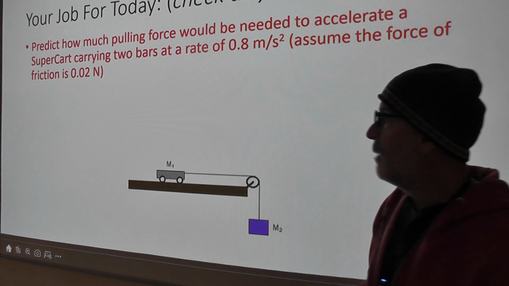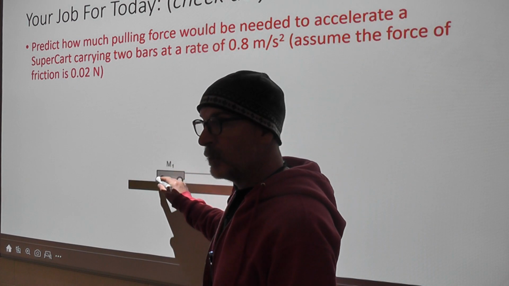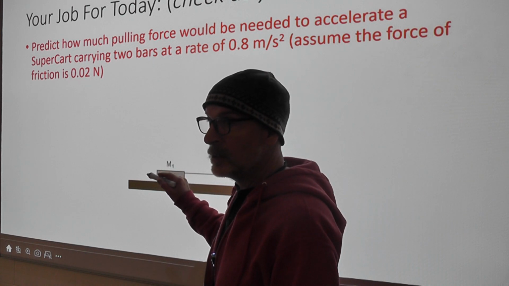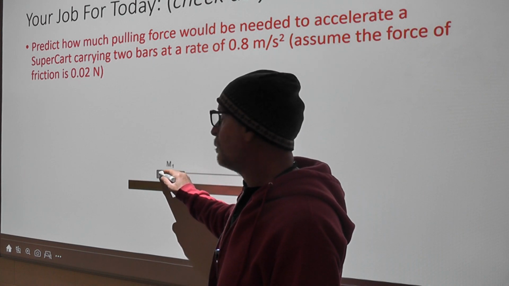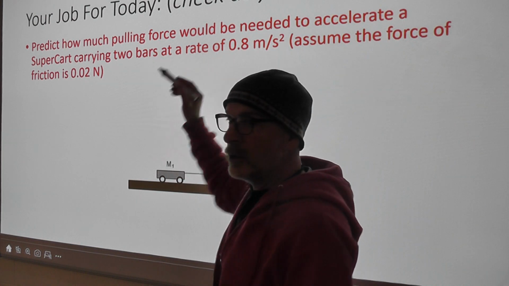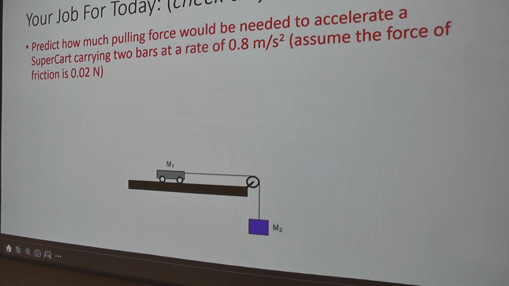So if we have a supercart with, the supercart itself has a mass of about 0.3 kilograms. And we put two bars on it, two of those big metal bars. Each of those has a mass of about 0.5 kilograms.